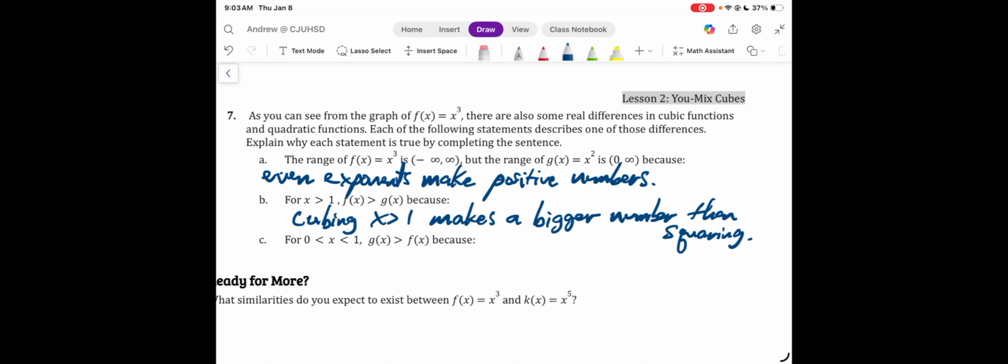And between 0 and 1, g of x is greater than f of x. So in other words, the square is bigger than the cube because when you square a fraction, the values get smaller. But when you cube a fraction, the values get even smaller.